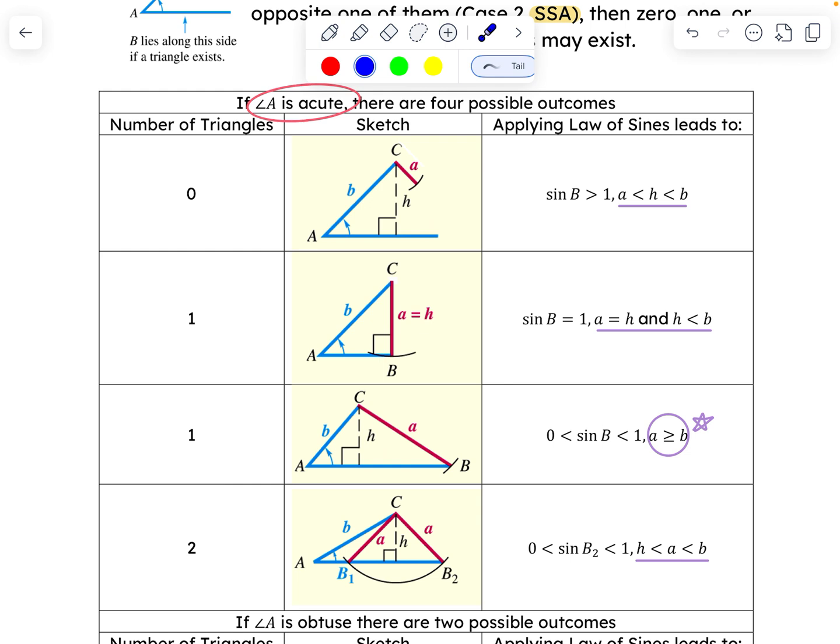Then the other thing that you want to look at is the sine of angle B that matches with that side B. So your first option is that if the sine of angle B is greater than 1, then there are no triangles. That's your 0 over here. If it is exactly 1, then you have one triangle.